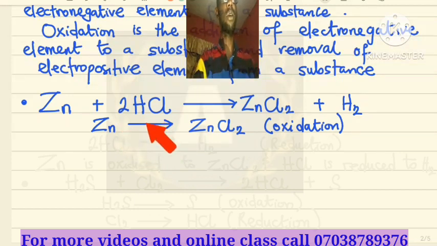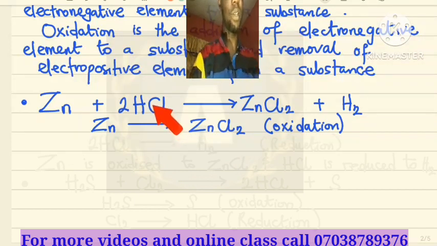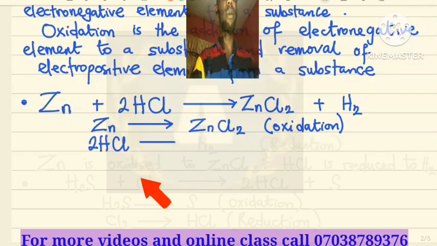Then here, hydrochloric acid has actually formed hydrogen gas. Now, what happened to hydrochloric acid? For it to form hydrogen, chlorine has been removed from hydrochloric acid. Don't forget that chlorine is an example of an electronegative element. So the removal of an electronegative element, that is what?